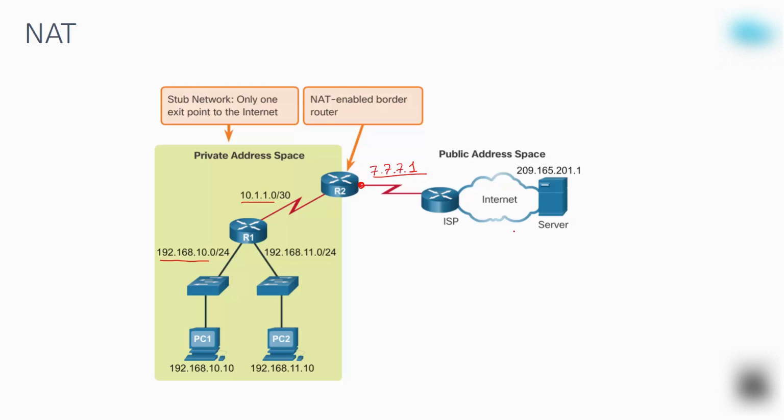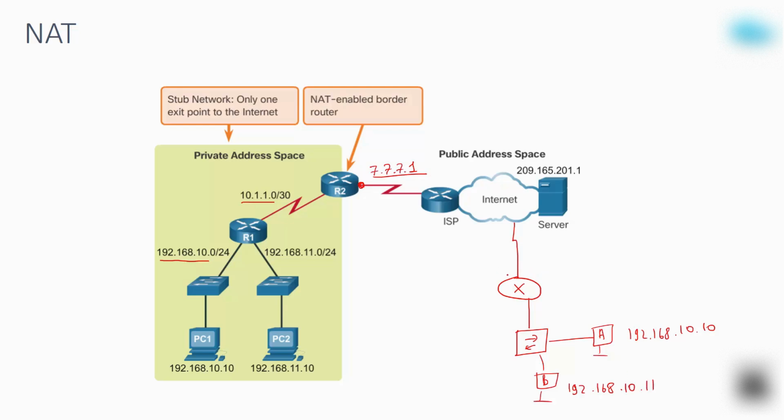Imagine that we have connectivity to the internet, and here we have our router of another local area network, connected to a switch. The switch is connected to computers, computer A and computer B. They will have IP addresses like 192.168.10.10 and 192.168.10.11, for example.